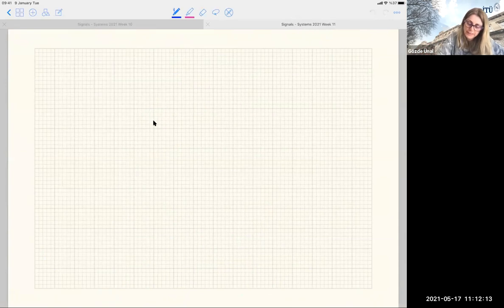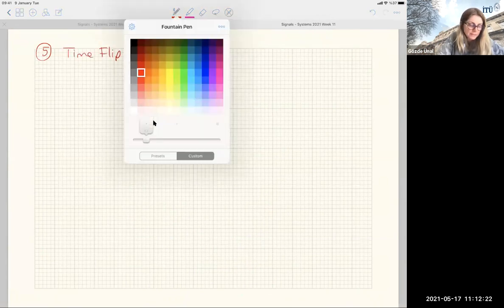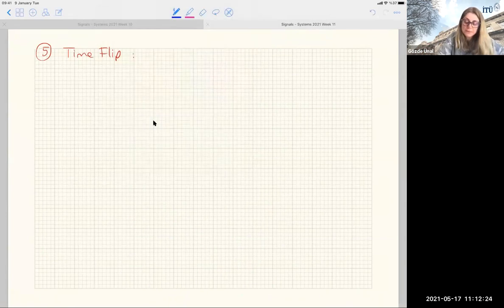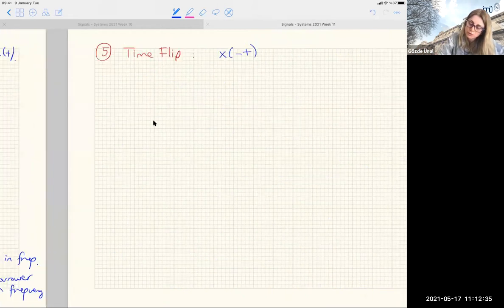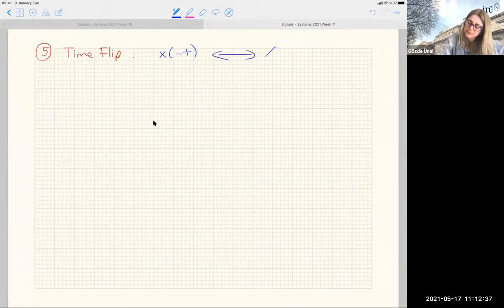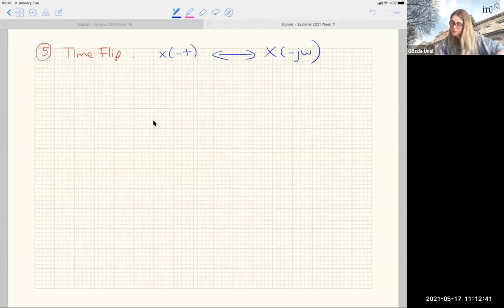So property 5, we said time flip, but this is actually really using the previous property. What happens now to x(-t)? x(t) goes to X(j omega). x(-t) would really be, again, a flip in frequency, right? I just use this property here, guys.